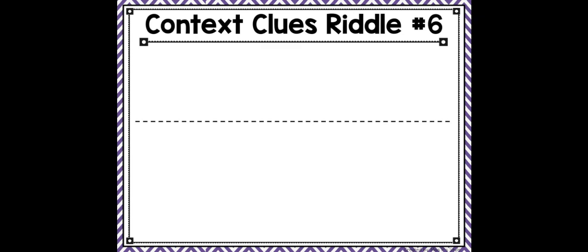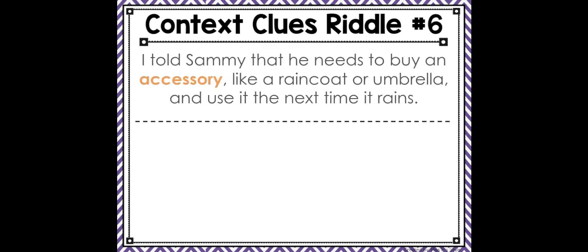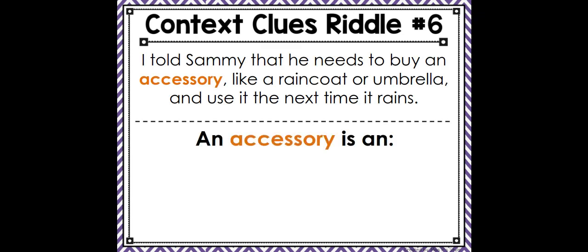Here's the last riddle. Listen closely to determine the word meaning and context clue. I told Sammy that he needs to buy an accessory, like a raincoat or umbrella, and use it the next time it rains.